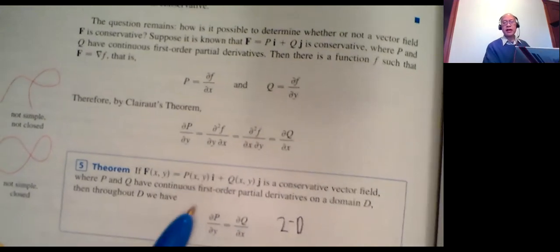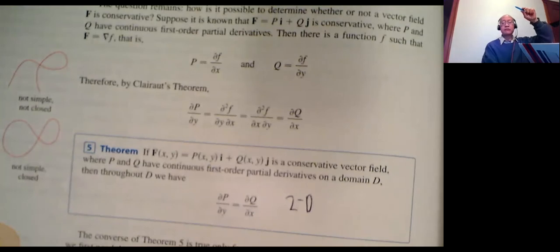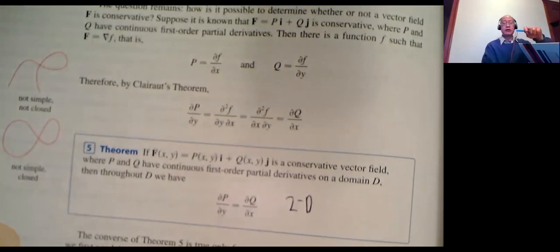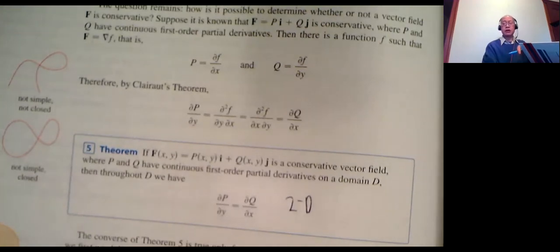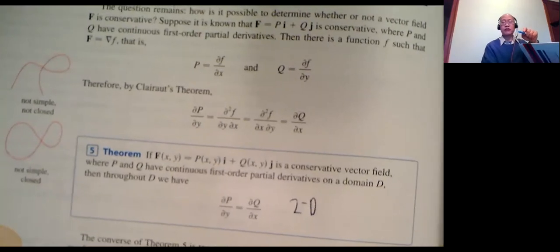Okay. We're actually starting at level 1 of the elevator, as it were. If this level is the original function, little f, then here's the first derivative level, the first partials, and the second level down is the second partials. We're going to be starting at the first level down. We're already at the first derivative.